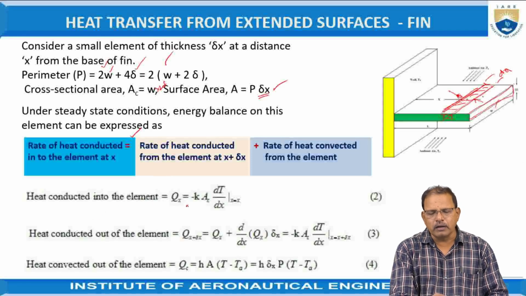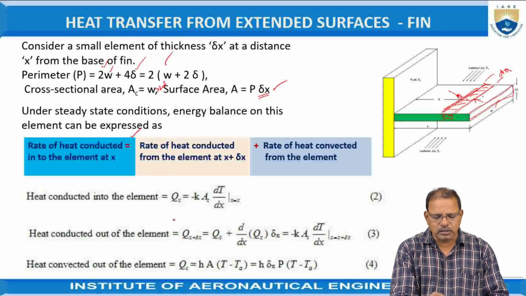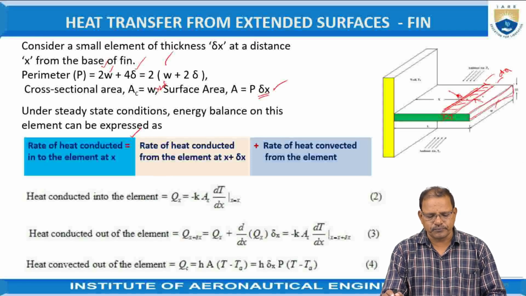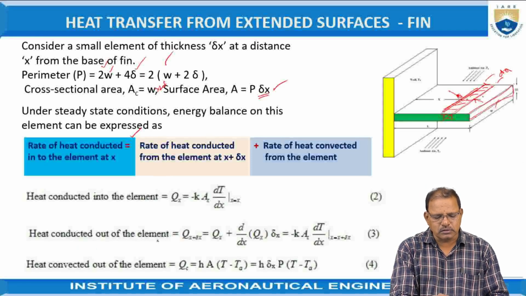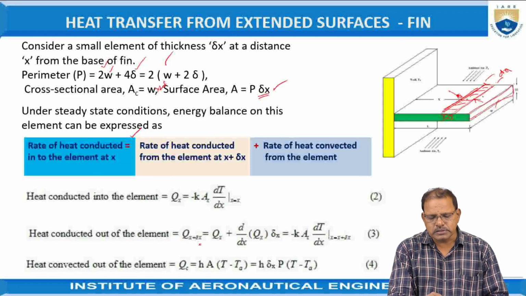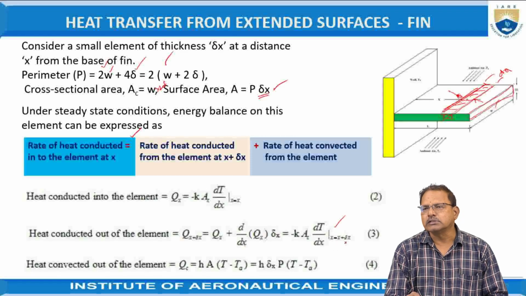So the heat conducted into the element is given by Qx equal to minus K into A C into dT by dx. The heat conducted out of the element is Qx plus delta x, equal to Qx plus d by dx of Qx into delta x, which is equal to minus K A C dT by dx from x to x plus delta x.